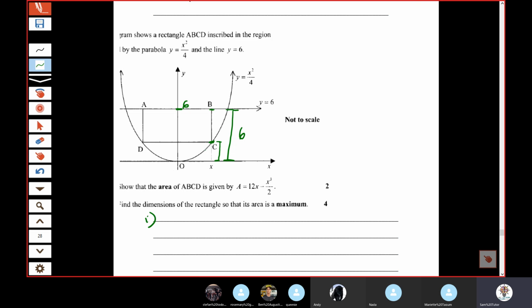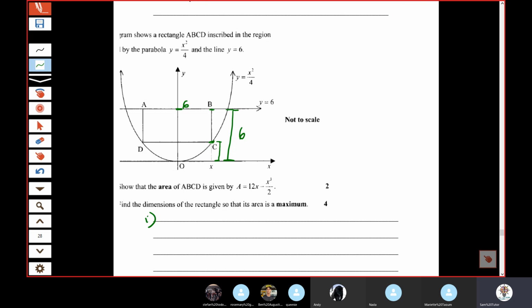You've got an x value there. We want to find that length. What do you usually do to find y? How come you guys are not saying sub it back in then?